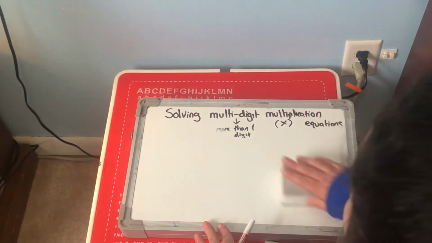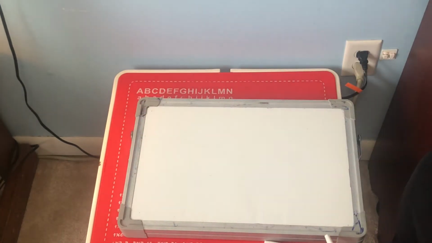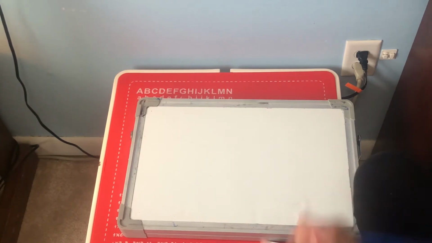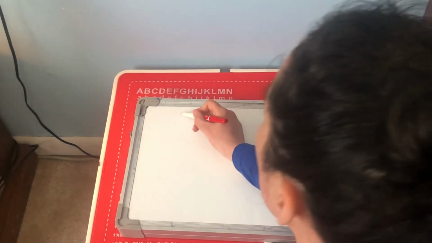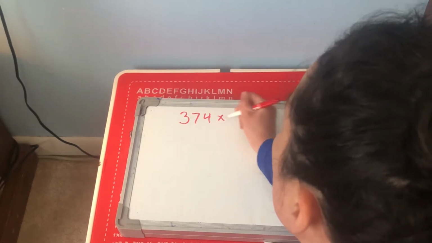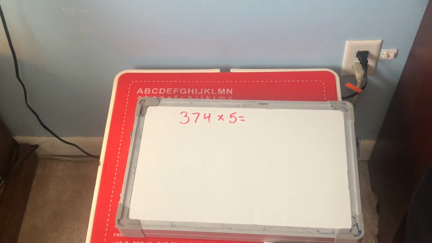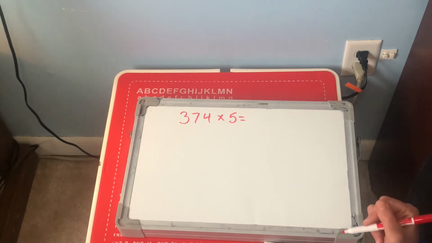We can take our same understanding of using the area model and use it for bigger equations. So what do I mean by that? Well, one way to do that would be if I had something like this, 374 times 5. I can follow the exact same steps to get my answer.